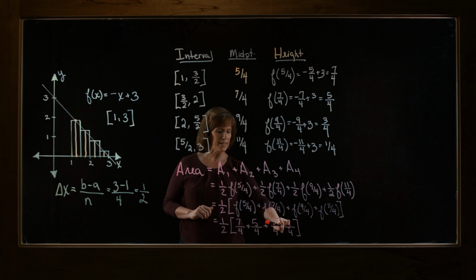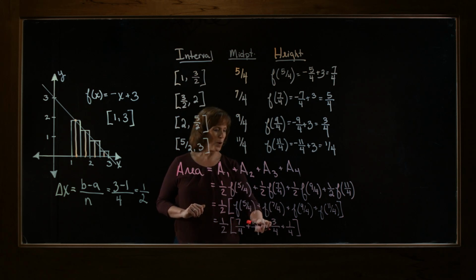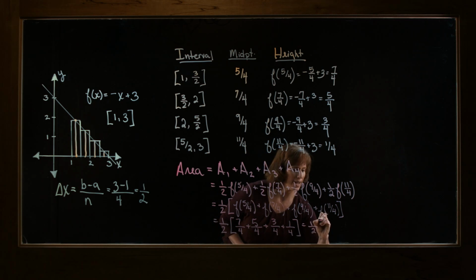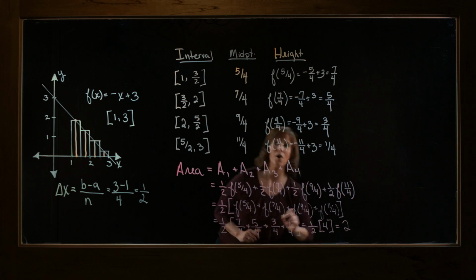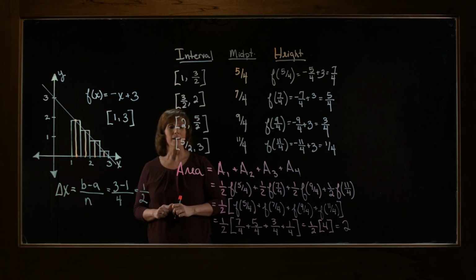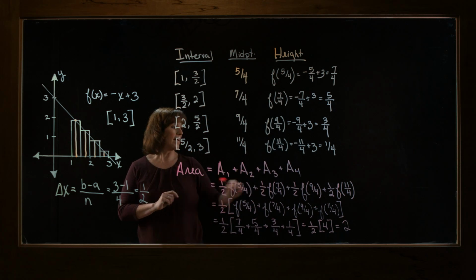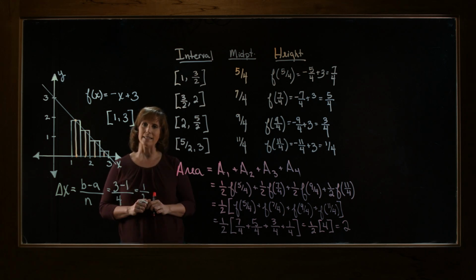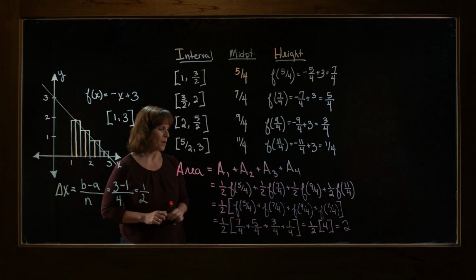If you add all these together, I've got 12, 13, 14, 15, 16/4. So that's 1/2 times 16/4, which is just 4. And so my total area for the approximation is 2. Now that's the area of the 4 rectangles added together. Let's see how accurate I was.